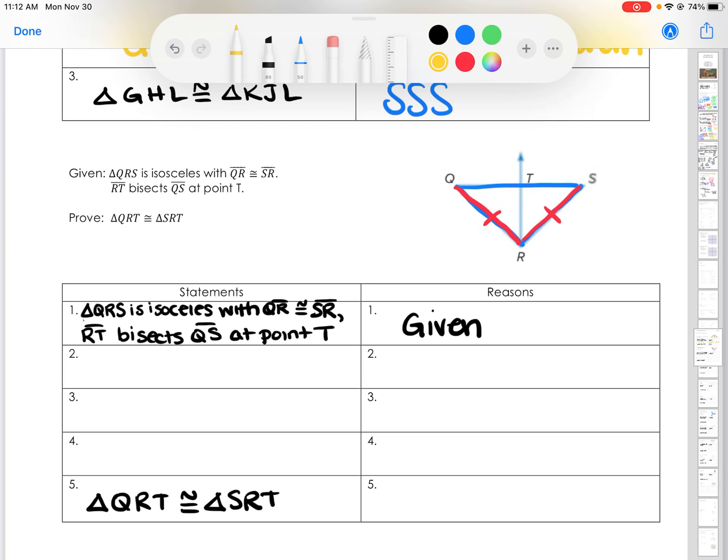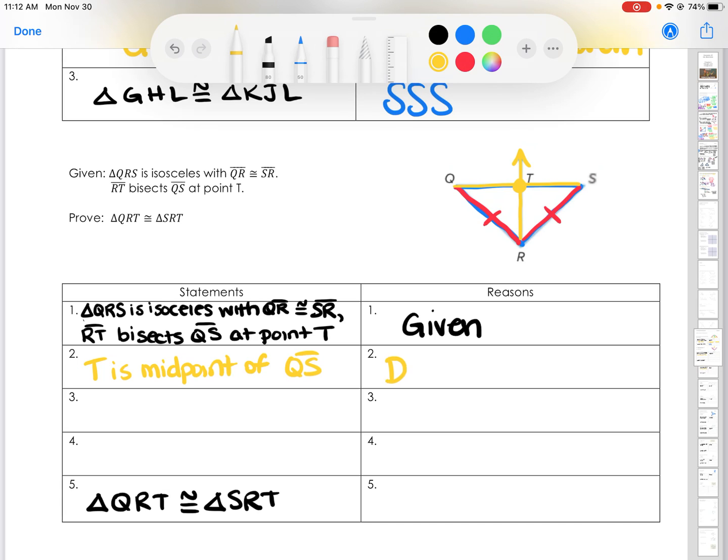We're told that RT bisects QS. So here's RT and it is bisecting QS. If it is bisecting at point T, that means T is a midpoint for QS.